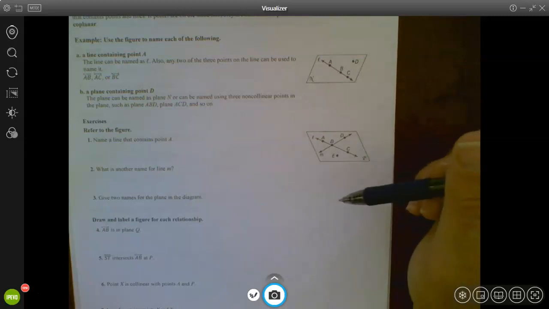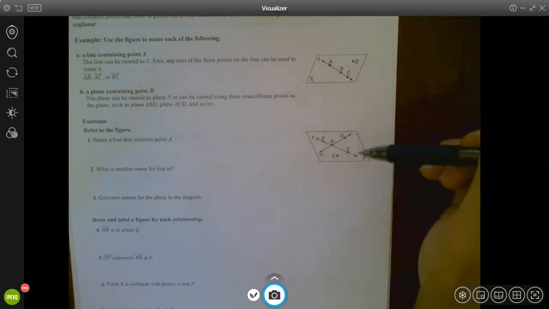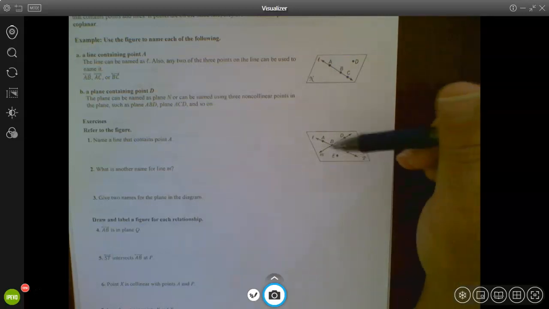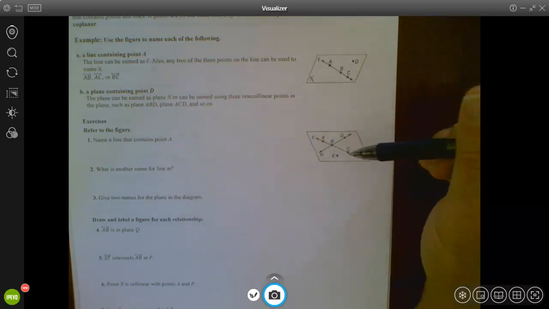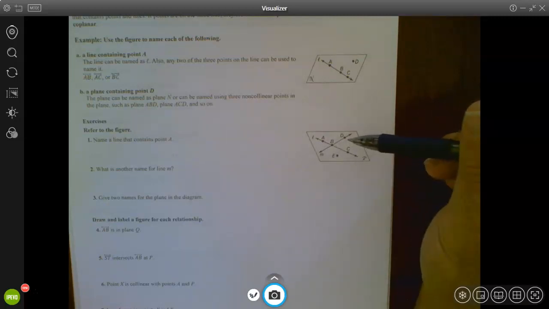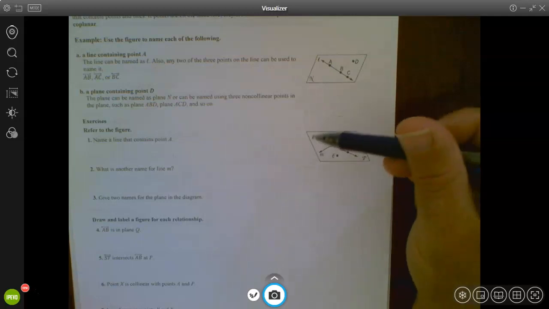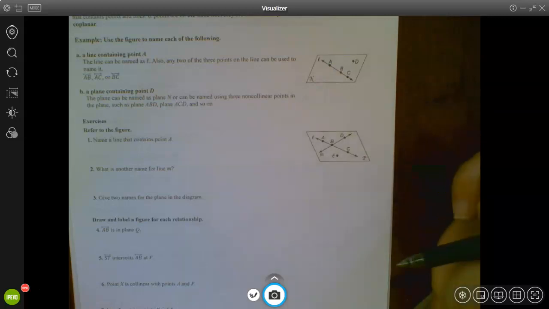If it does not have a dot, like the L, the M, and the P, then it's there for naming purposes. So you can see that the L, this is a cursive L, goes with that line right there. So that's line L. The M goes with that line, so that would be line M. And the P that's down here in the corner is the name of this whole plane. So we would call this plane P, right, based on that name right there.